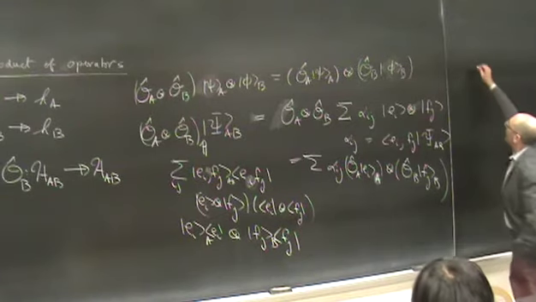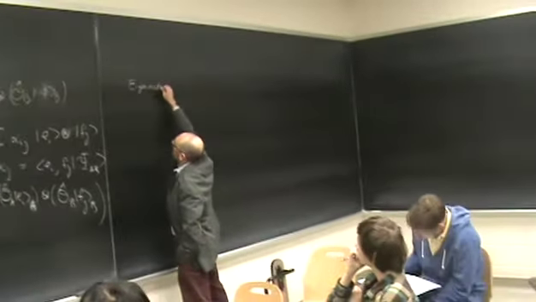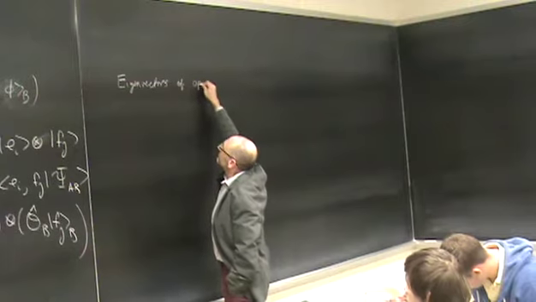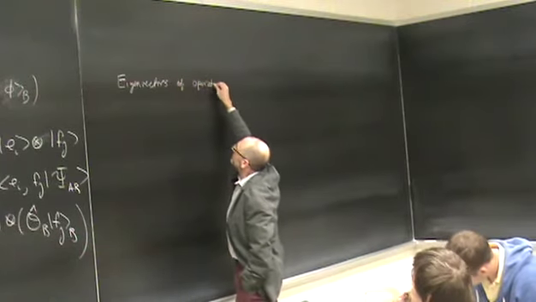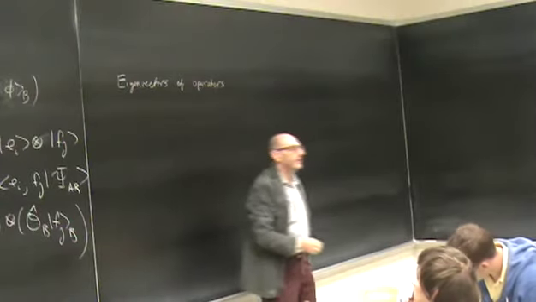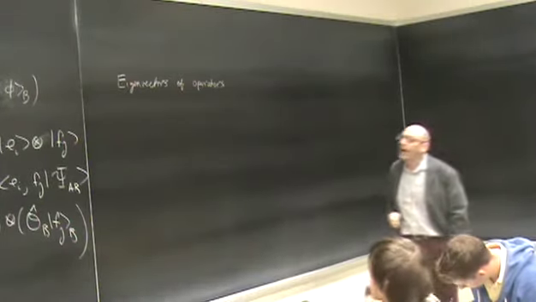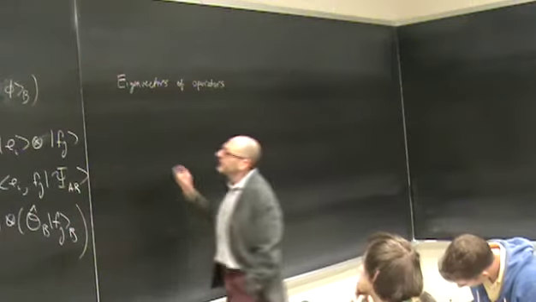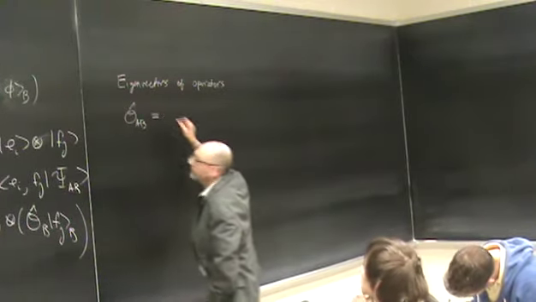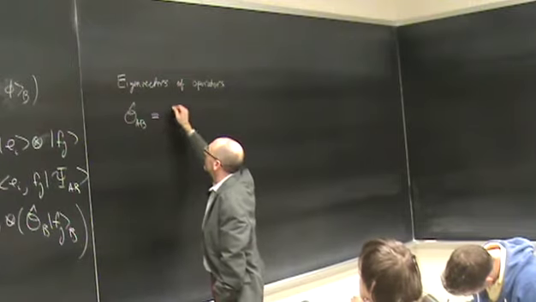Now, I want to talk about eigenvectors of operators. Suppose I had a particular operator on a joint space which was of the following form.